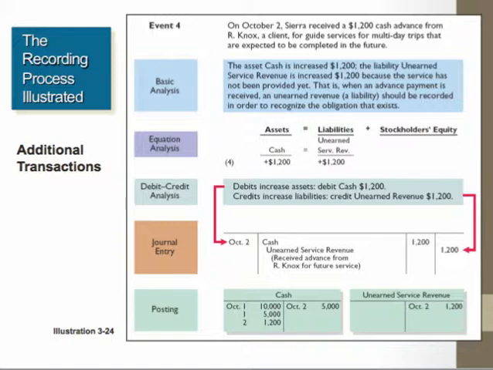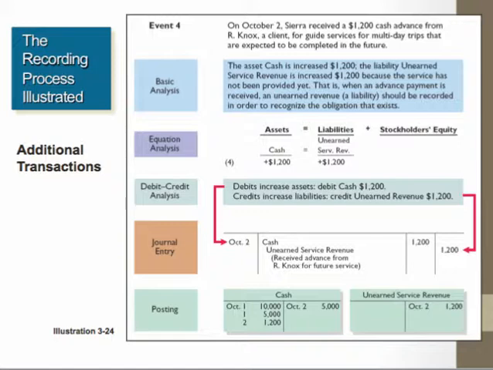Taking event number 4. We looked at on October 2nd that Sierra received $1,200 in cash advance from Robert Knox, a client for guide services for a multi-day trip. Remember here, we haven't earned the revenue yet, but we've received the cash.